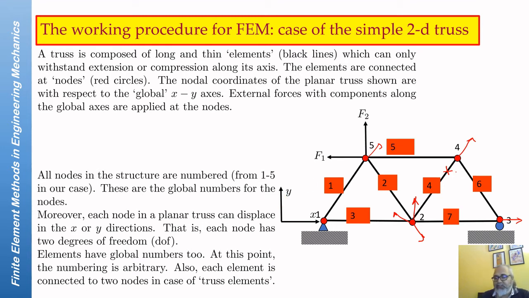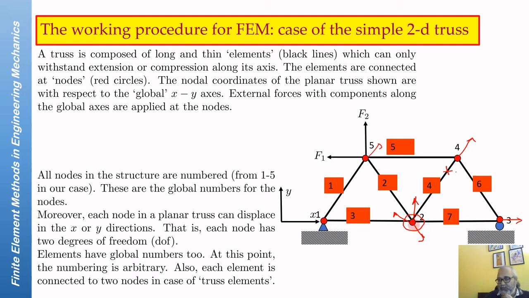Not only that, because the number of degrees of freedom are 2 in this mesh for all nodes, when I come to global node number 2, 1, 2 will go for node number 1, then 3, 4 will be for node number 2.